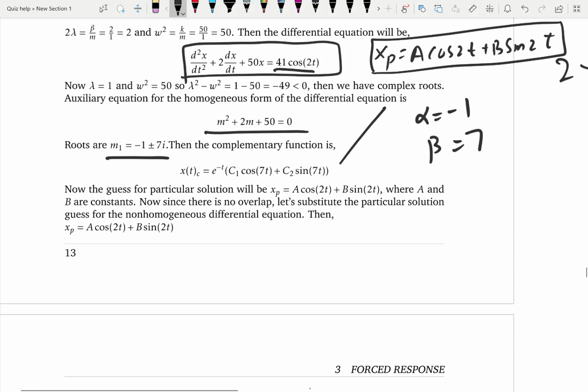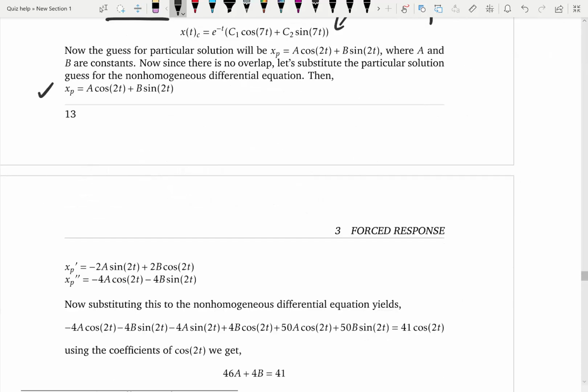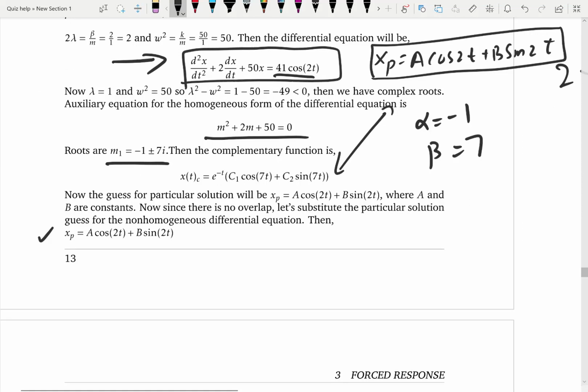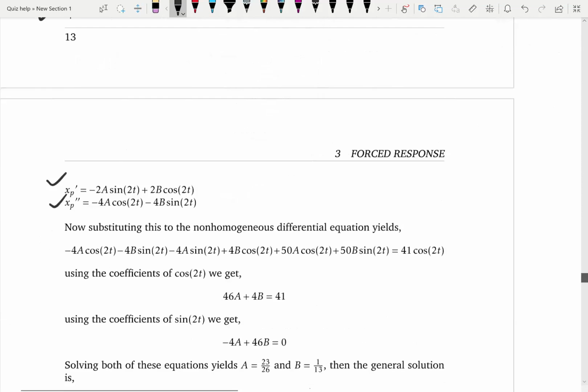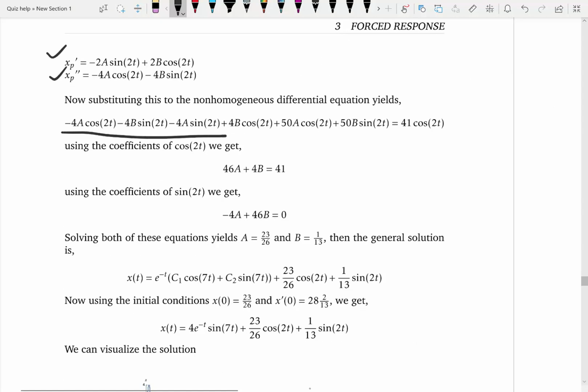Now do we have an overlap? No, right? Cosine 2t and cosine 7t are different. Sine 7t, sine 2t, again different things. So we do not have an overlap. So we know x_p. We calculate x prime p and x double prime p, and we substitute them into the differential equation. When you substitute, you get this long expression.